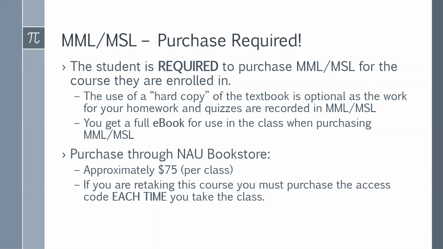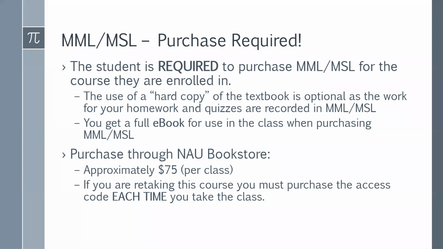Having a hard copy of the respective textbook really will not do you a bit of good, because by purchasing the access code for either MyMathLab or MyStatLab gives you a full ebook inside of the MyLab product to utilize. So getting a hard copy of the book really is not going to do you a bit of good for this class. And from the NAU bookstore, they don't even offer it as an option.